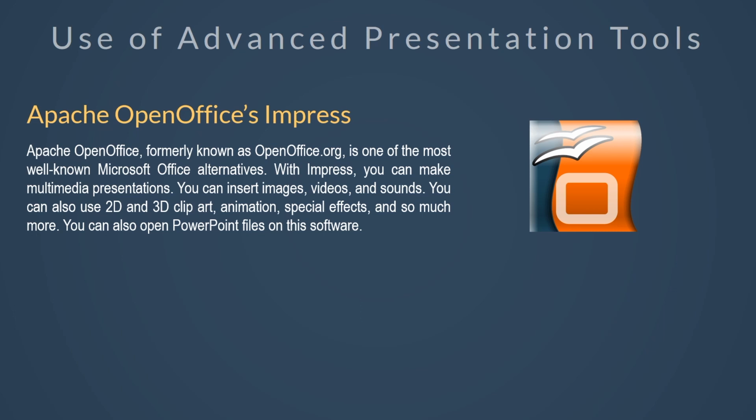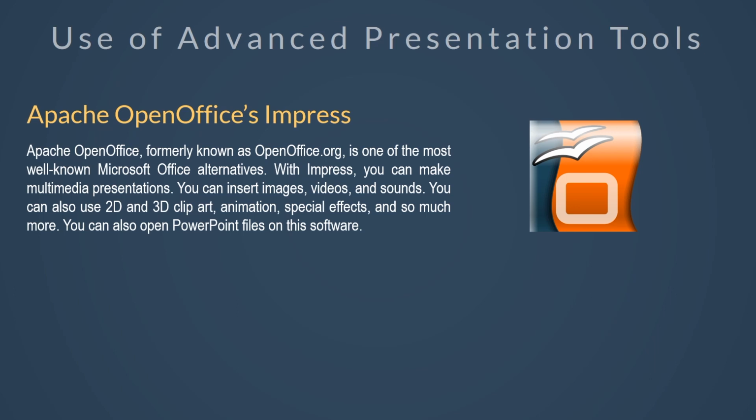Apache OpenOffice, formerly known as OpenOffice.org, is one of the most well known Microsoft Office alternatives. With Impress, you can download, install and do a lot of things. You can make multimedia presentations, and insert images, videos, sound and many other things.